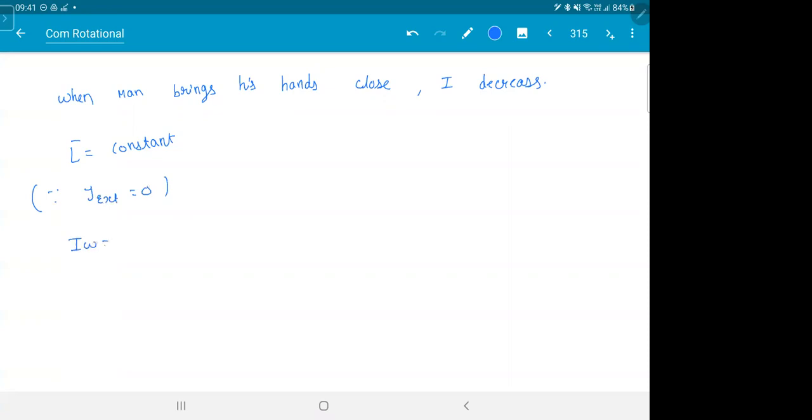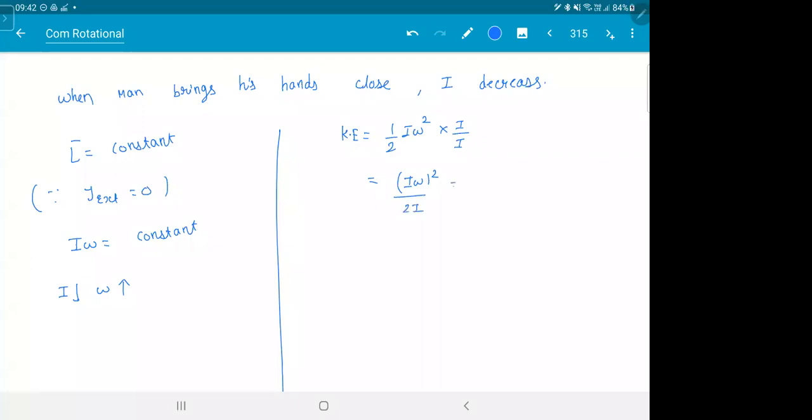So I omega is constant. So I decreased, so omega increased. Then what about the kinetic energy? Kinetic energy is half I omega square, multiply and divide by I. This becomes I omega whole square by 2I. That's nothing but L square by 2I.